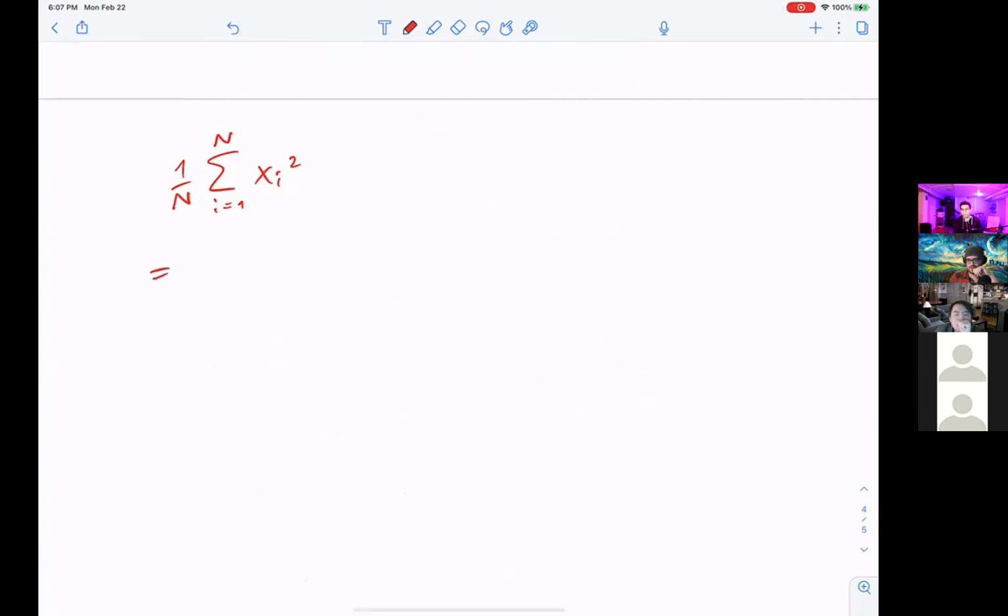Now notice that you can do x_i minus the average over i of x_i, and then plus the average over i of x_i, right? So I haven't really done anything.